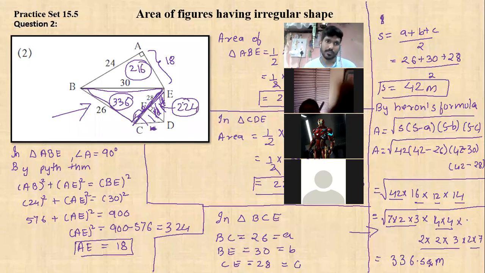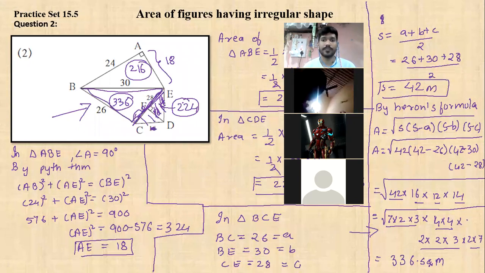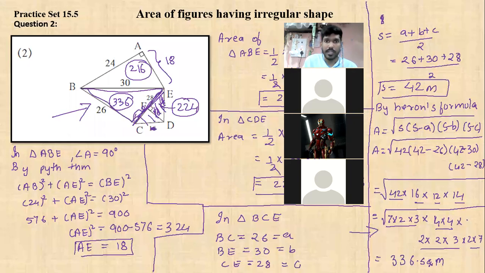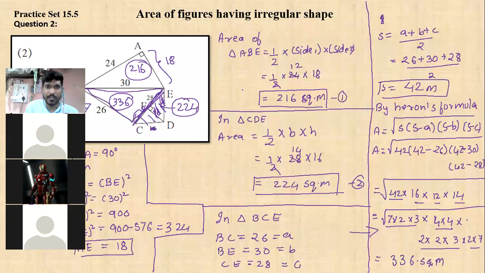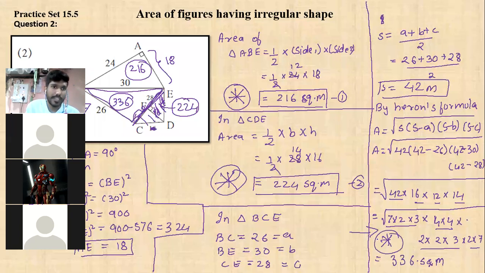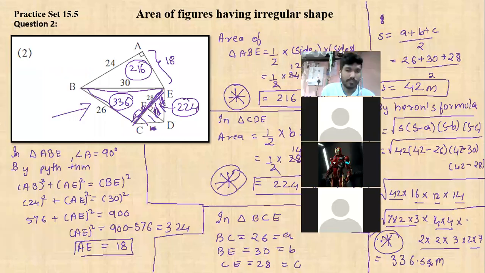Clear now? Last, what we have to do? Add. You have to add all three areas. So you have to add the area of triangle ABE plus area of triangle CDE plus area of triangle BCE. This will give you the area of the entire quadrilateral.